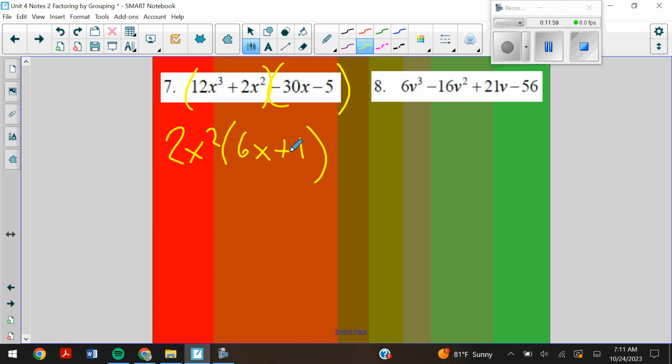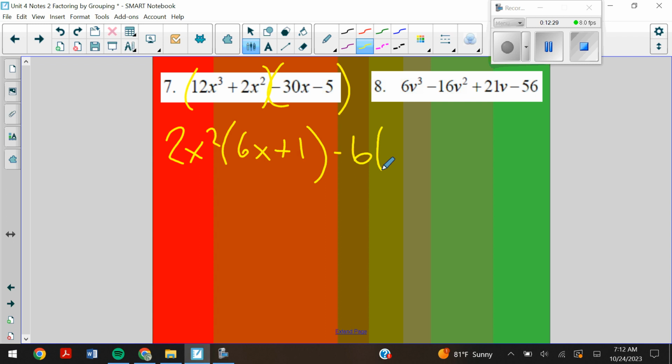Now let's look at our second two. I have negative 30x minus 5. This one is going to have a greatest common factor of negative 5. We haven't really done a lot of greatest common factors with negative numbers. In fact, Mrs. Matheson uses the idea that if the third term is negative, regardless of what the fourth term is, you're going to pull a negative greatest common factor out.